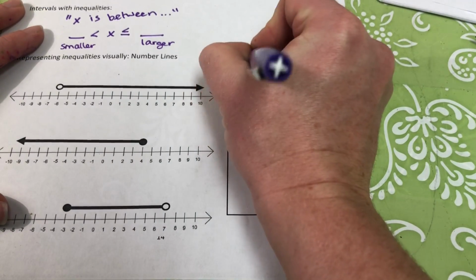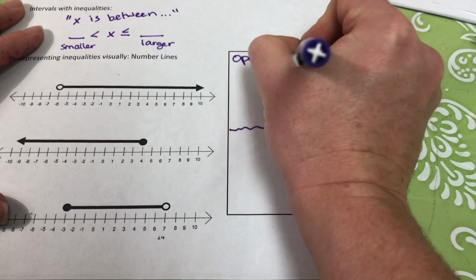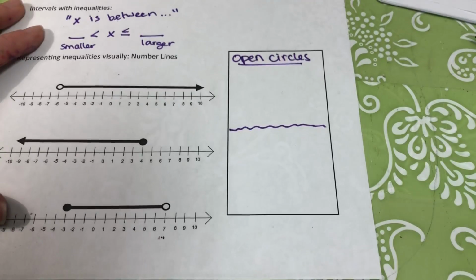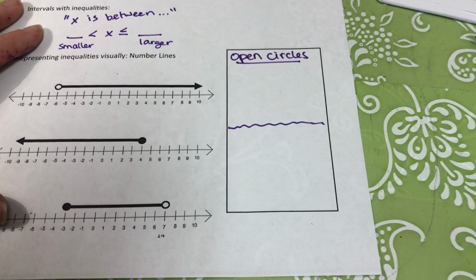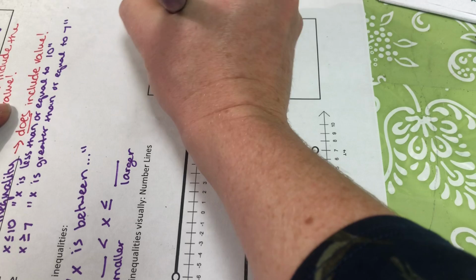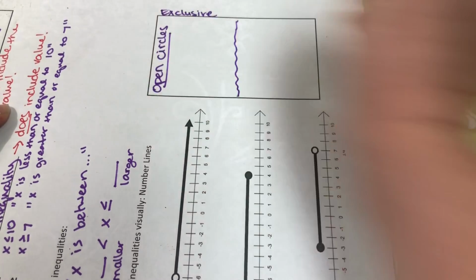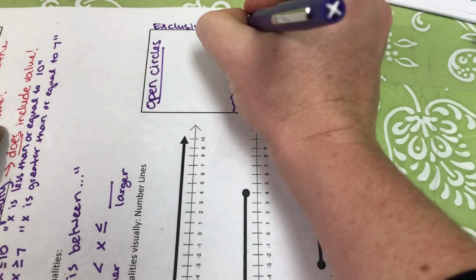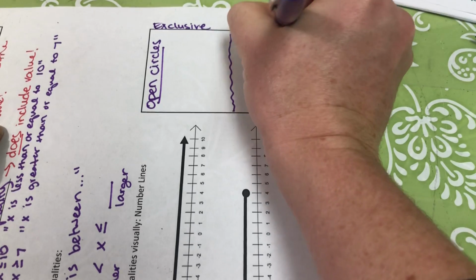We've got open circles. Open circles are our exclusive inequalities, whereas our closed circles are our inclusive inequalities.